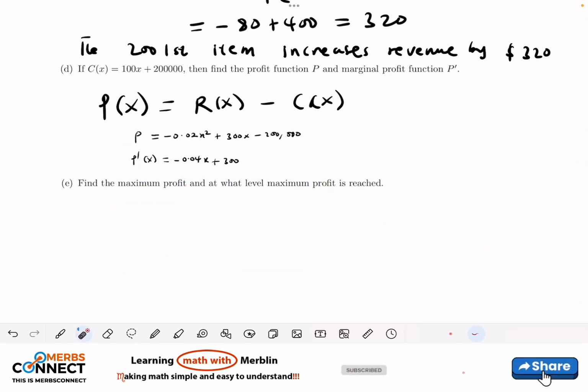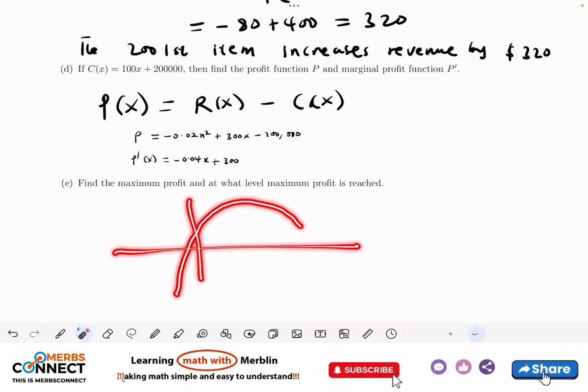Now the question is asking us to find the maximum profit and at what level maximum profit is reached. So now when we are talking about the maximum profit, if we are looking at functions like graphs, then if this is the graph function for the company, then the profit maximum will be where we have the tangent line.